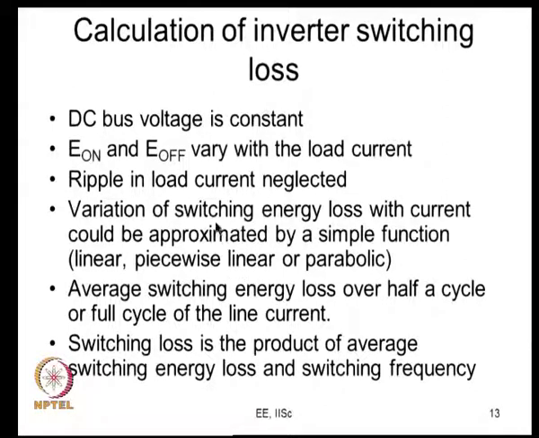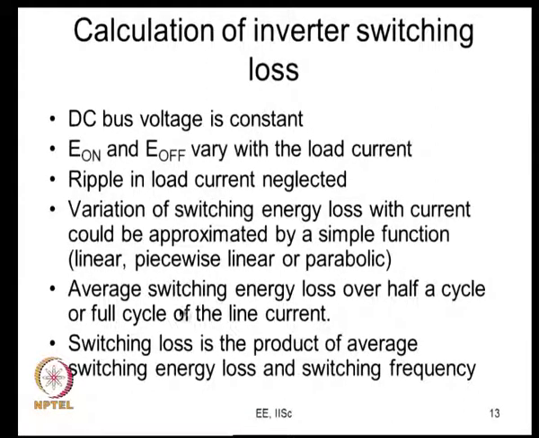Once you know the relationship between the energy loss and the current, and you have simplified it so that the calculations are easier, you have to calculate the average switching energy loss over a half cycle or full cycle of the line current. It is easier, for example, if the switching loss varies like a rectified sinusoid, so that is why you make use of simplifying functions.